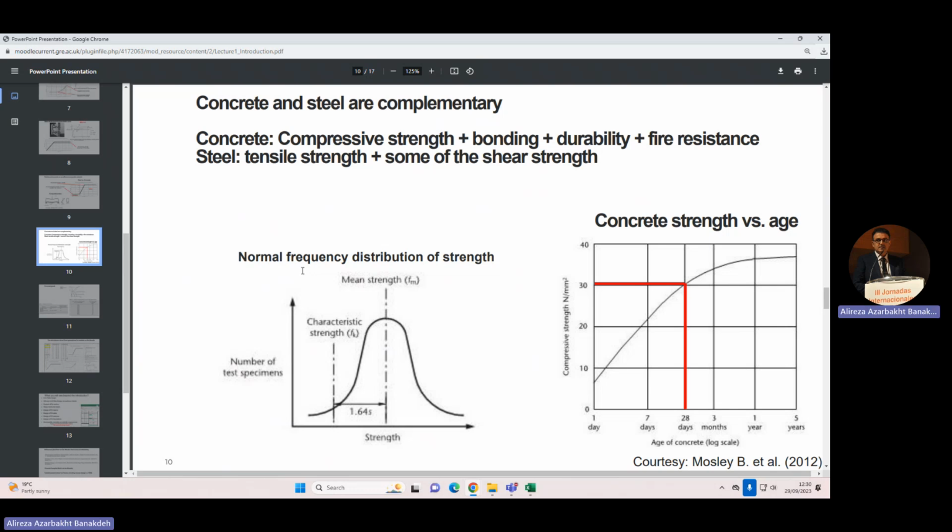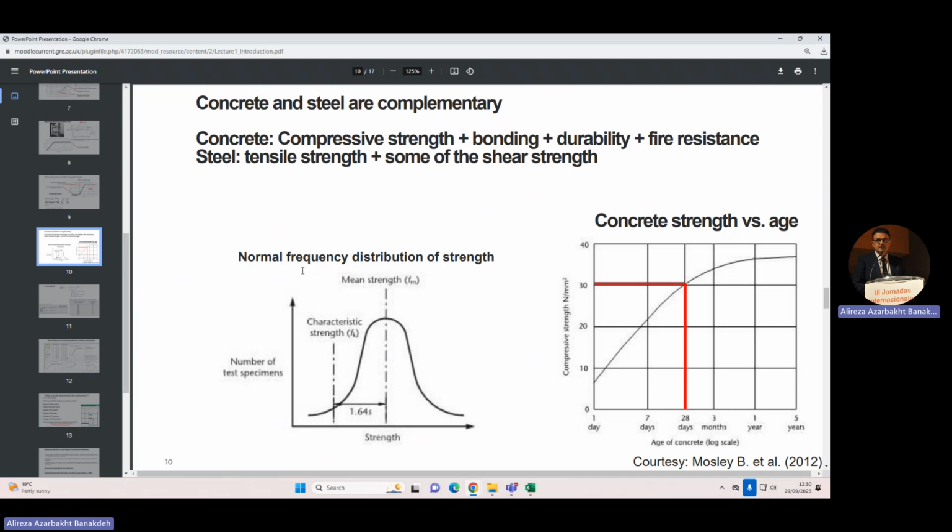And also, there is a relationship when you mix the concrete. It's some sort of liquid, you pour it, but after you pour it, you need to cure it. It's like a baby, for at least 28 days.